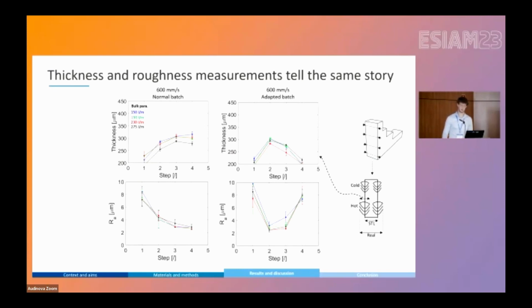For AlSi10Mg, it's easy to understand. If you put more energy on the contour, the roughness will decrease, and if you put less energy on the contour, the roughness will increase. And this is quite clear here. The thickness is increasing, meaning that we have more energy on the contour, then the roughness is decreasing. And when the thickness is decreasing, the roughness increases because we have less energy.